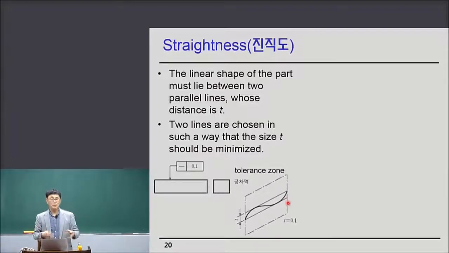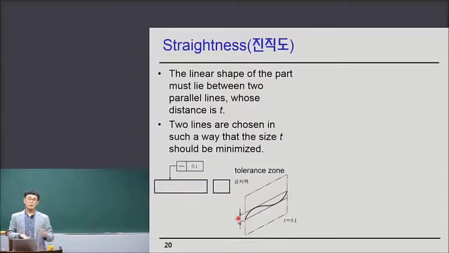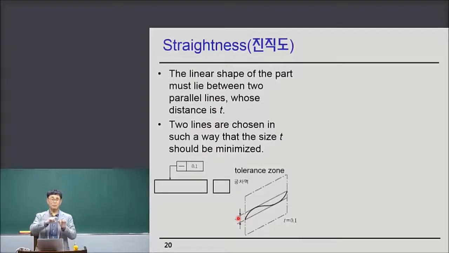There are so many combinations of parallel lines which can include the linear shape, but from these combinations we select the one whose t is the smallest. Then we can define the straightness.